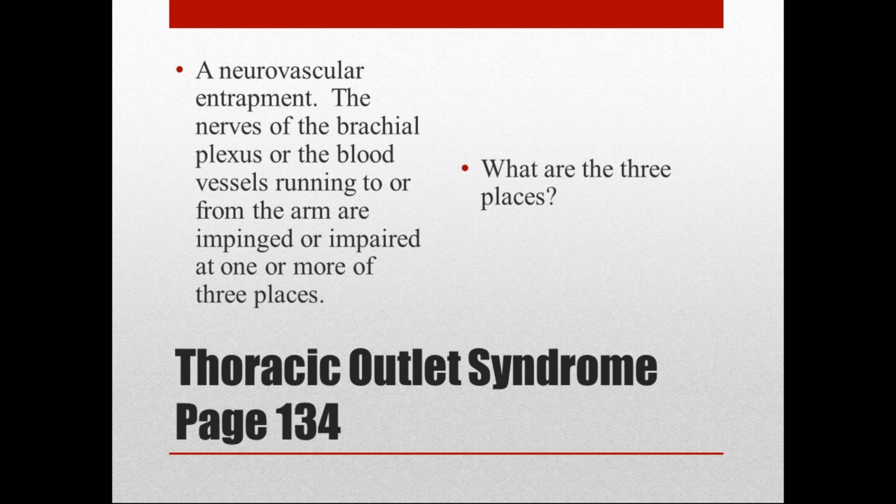The easiest way to tell if the blood vessels are involved, we have all kinds of tests and we'll talk about them, but it's just to take the two persons' palms and look at the palms of their two hands. The hand with the thoracic outlet syndrome, if the blood supply is compromised, will be pale compared to the other hand. So it's a really quick way to know if the blood vessels are also entrapped. If they feel any numbness or tingling, we know that those are nerve impingement signs and symptoms.